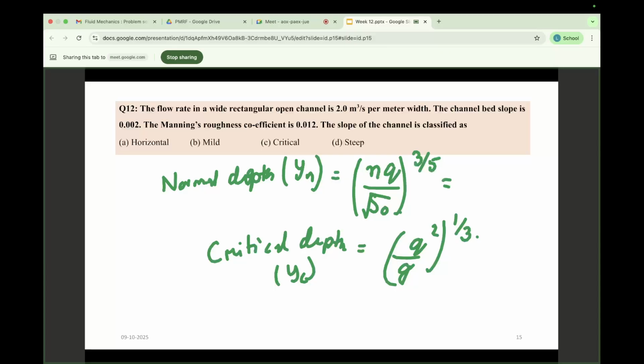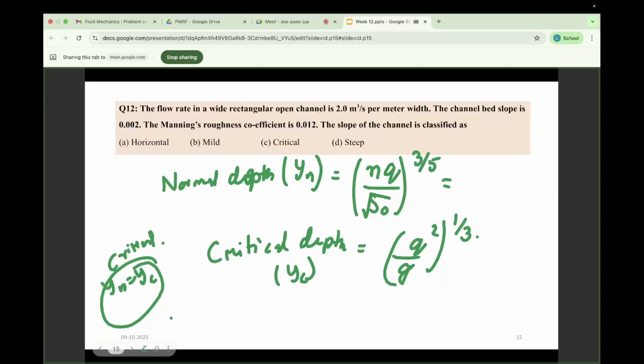So please check this one. If yn equals yc, that means this is your critical flow, right?